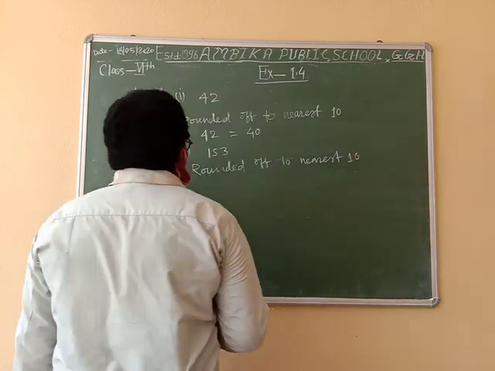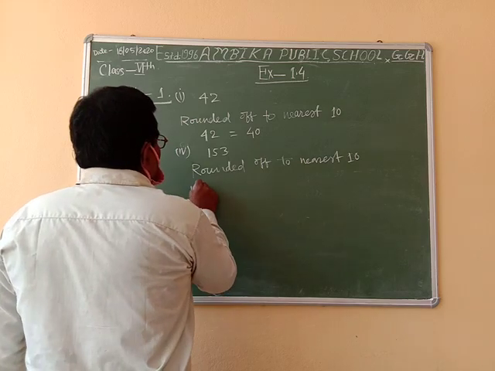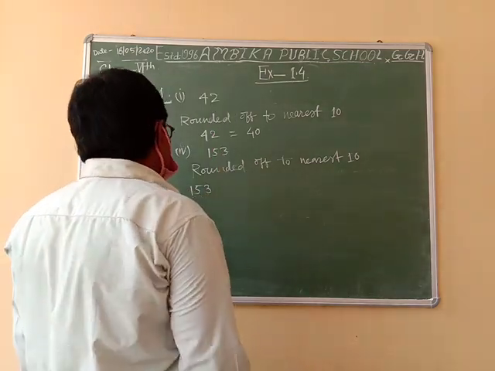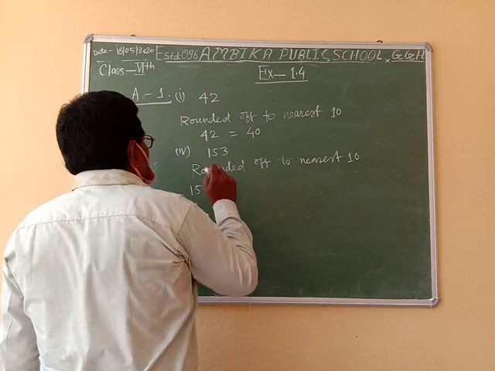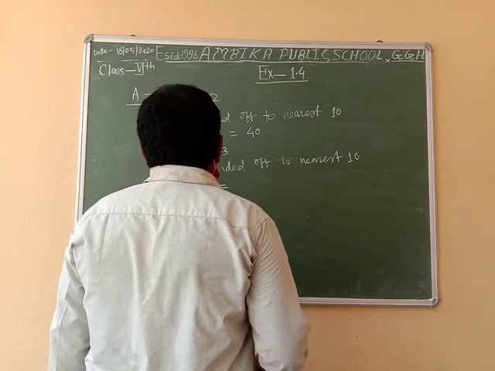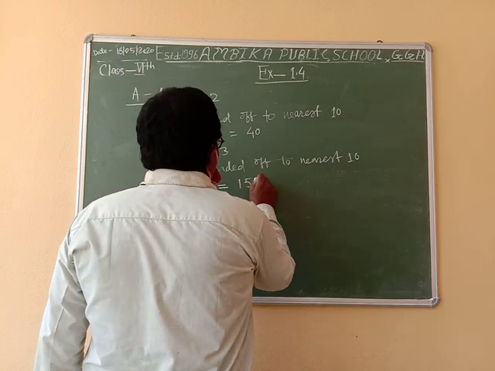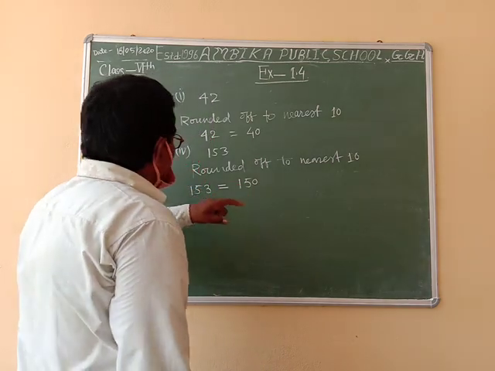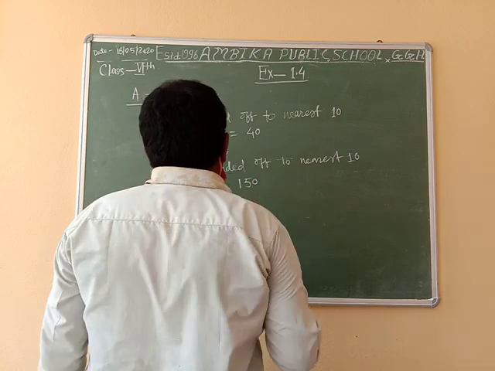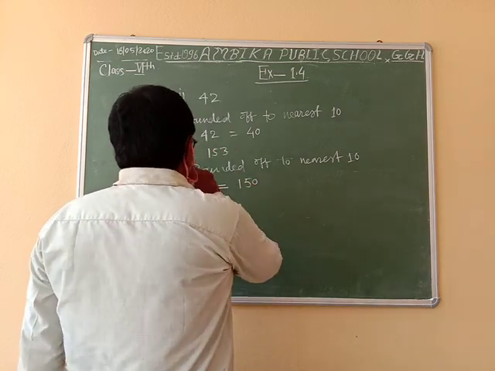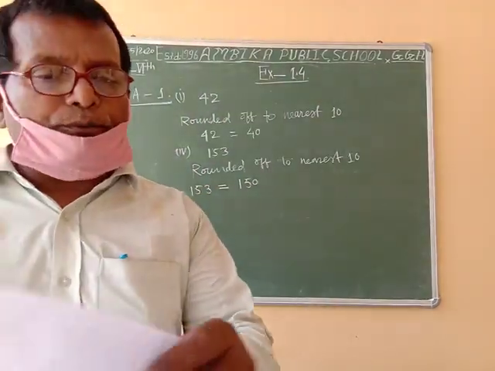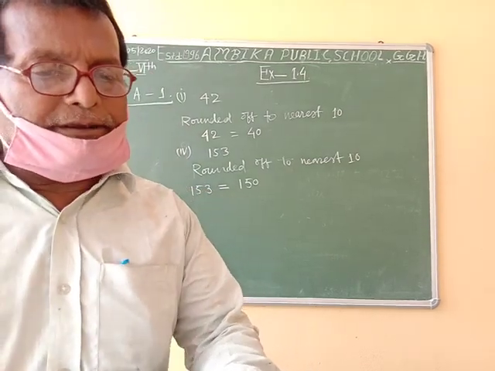At first we see the ones digit. Here the ones digit is less than 5, so we replace 3 by 0 and write the other digits the same. So rounding off to the nearest 10, 153 is equal to 150. All questions of question number 1 will be solved similarly.